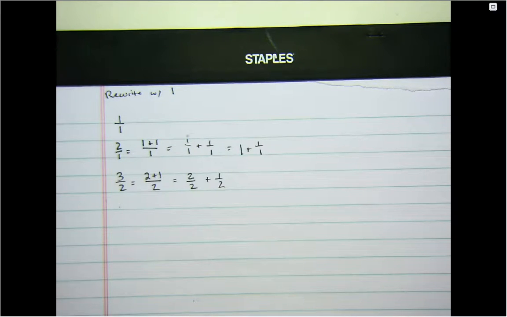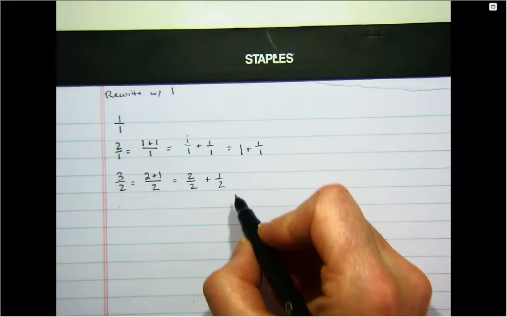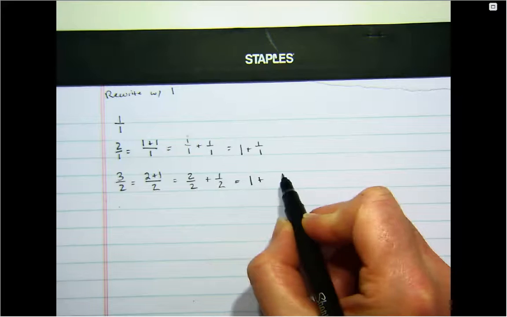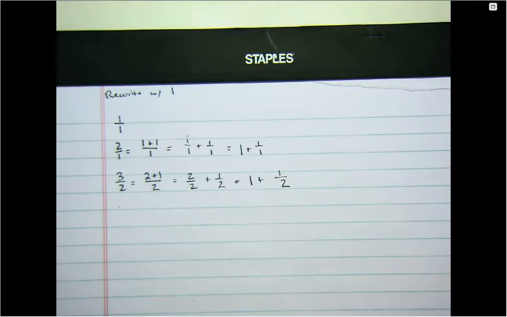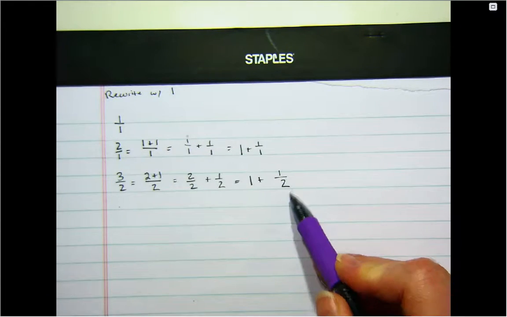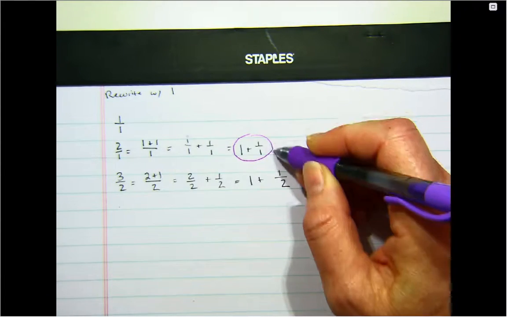Just like when you're adding fractions, if they have the same denominator, you add them up. So I have the 2 over 2 is a 1. And to make my life easier, I'm going to use the work I did ahead of time to rewrite the 2. So here's 2. Well, I already wrote 2. I wrote it like this.